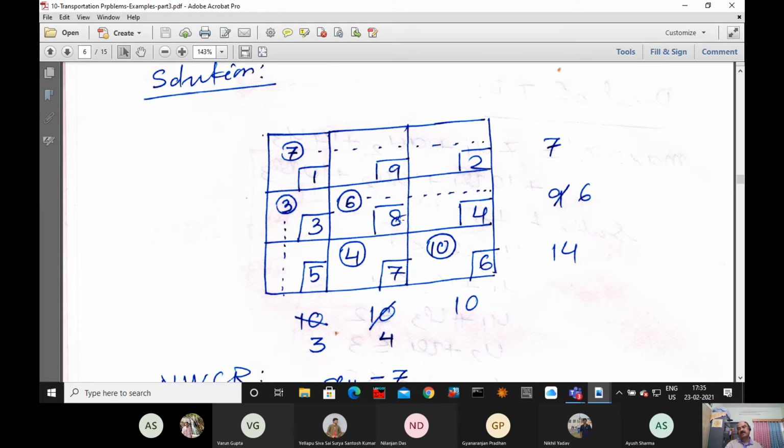Then we have 28. 64 plus 28, how much? 92. 92 plus 60, 152. Okay, so the value of the auxiliary function is becoming 152.